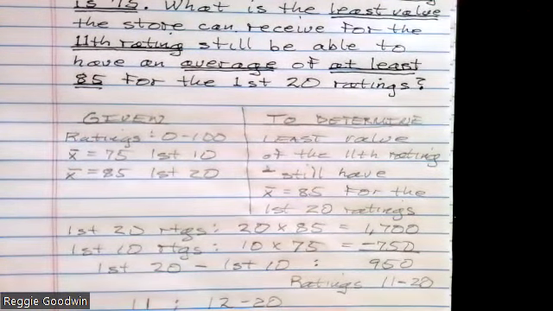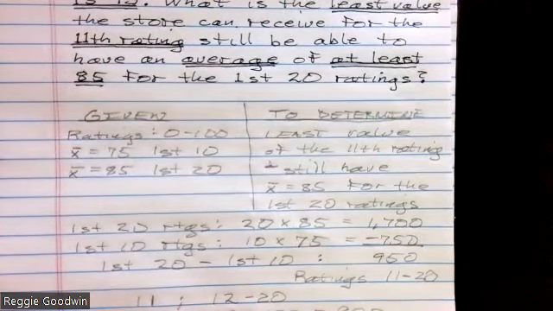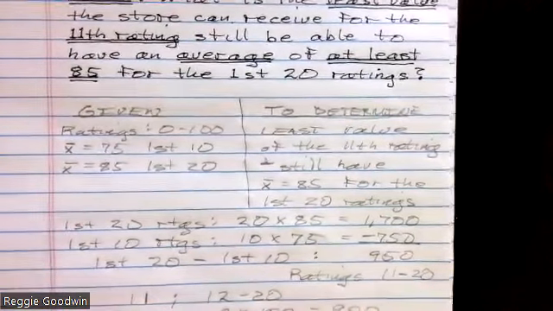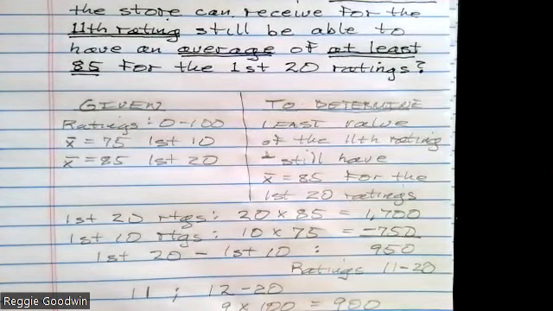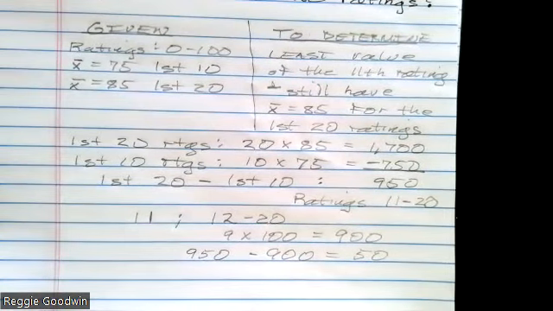So the least value out of a total of 950 would be 950 minus 900, which would be equal to 50. And that is how you would do that word problem.